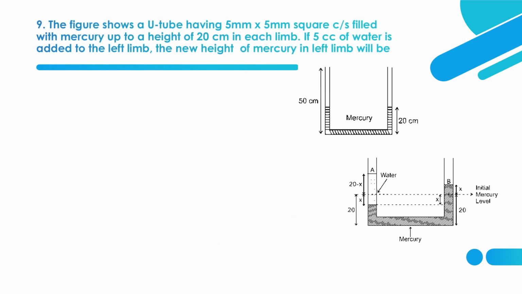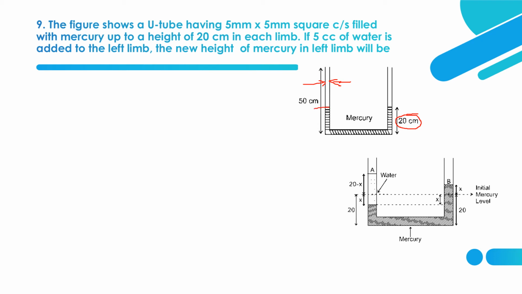The figure shows a U tube having 5 cross 5 mm square cross section, filled with mercury up to 20 centimeter in each limb.